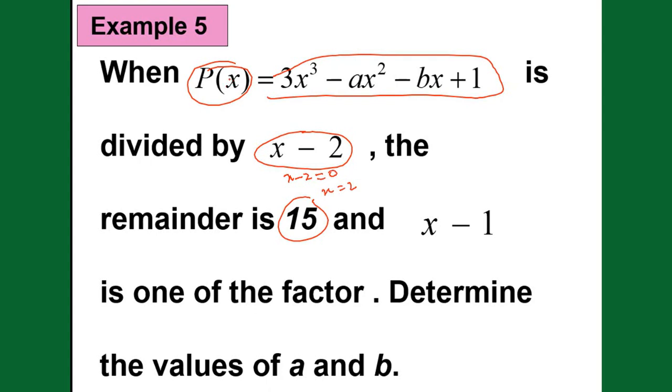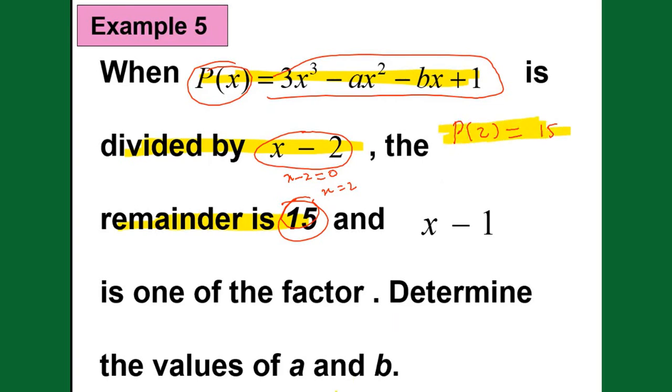Kalau you substitute, P of 2, substitute x by 2, value dia is equal to 15, remainder dia. This is the first sentence. P(x) divided by this one, the remainder is 15. Ni dia punya info.